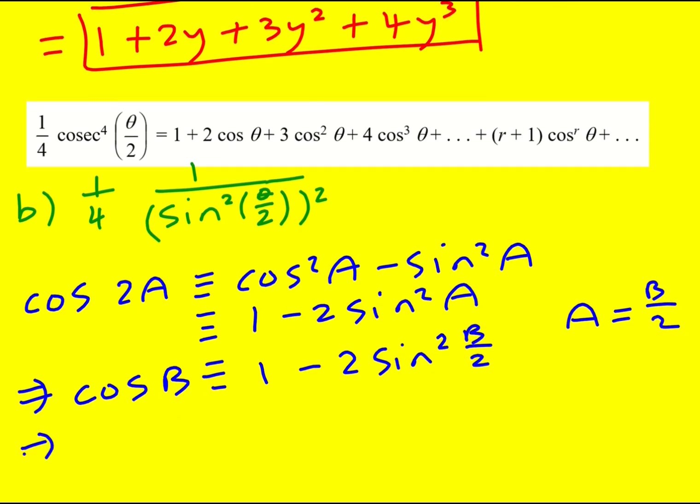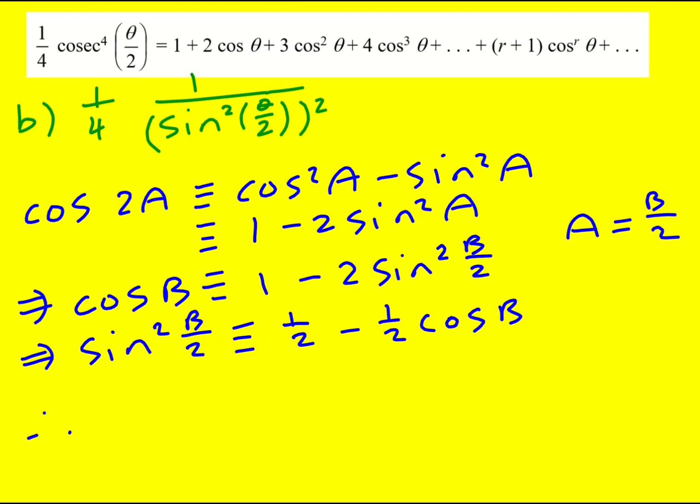And that means that sine squared b over 2, well, I can add it to both sides, I can minus the cos b, I can divide by 2. It's going to be a half minus a half cos b.